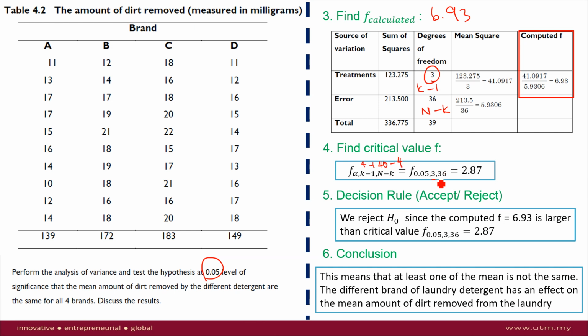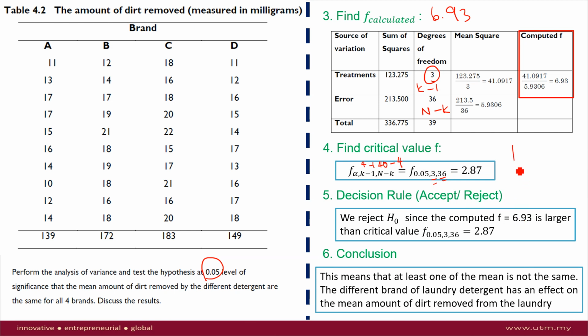So you will get 3 and 36. Okay, so from your F table, the value that you will get for your F critical value is 2.87. So after you obtain the critical value, now you decide whether to accept or to reject.